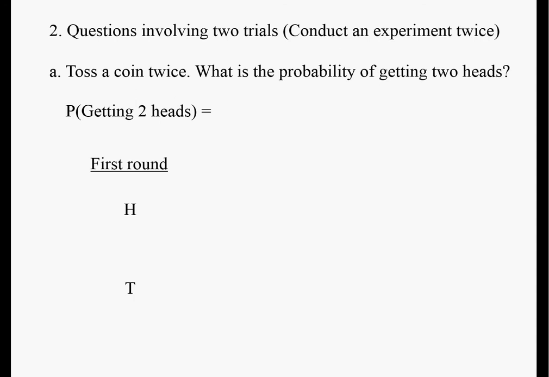Then we toss the coin the second time. Now imagine if the first time you get a head, when you toss the coin again in the second round, what are the possible outcomes?